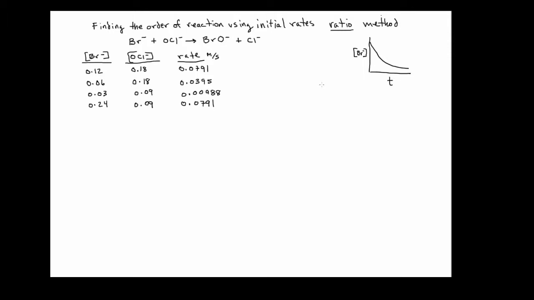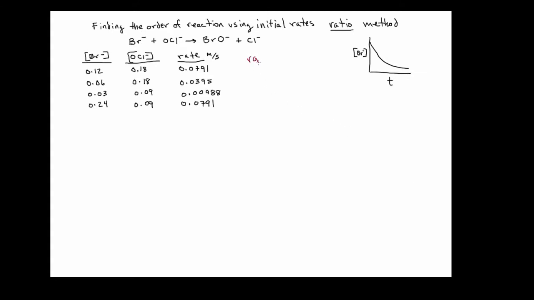And in the second method that will be addressed later, we use the integrated rate law to carry out the same function. So the first thing is that we're going to look at the rate law for the reaction between bromide and hypochlorite, and we can write the proposed rate law down.